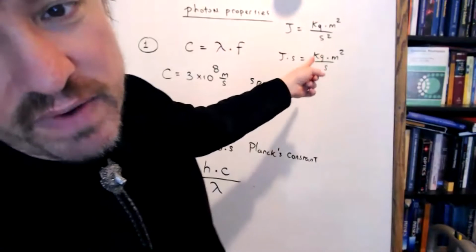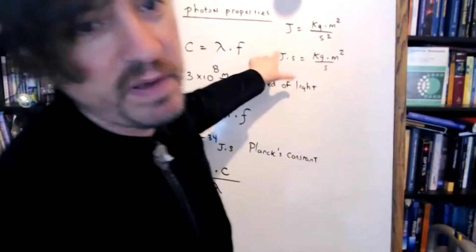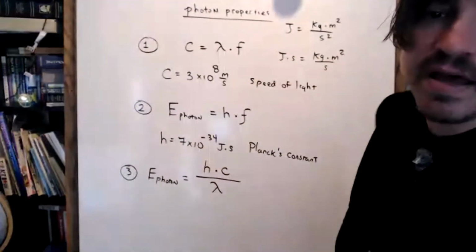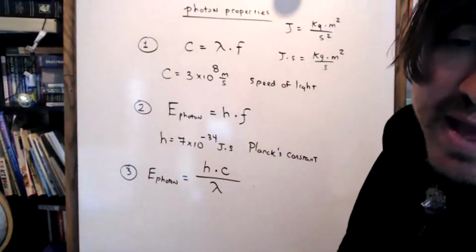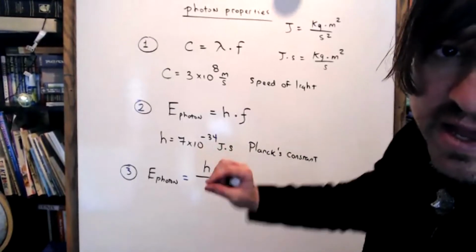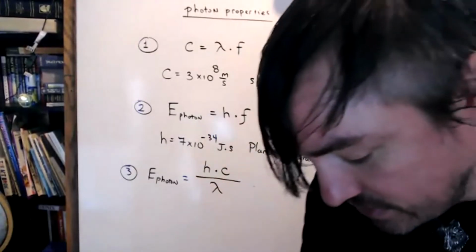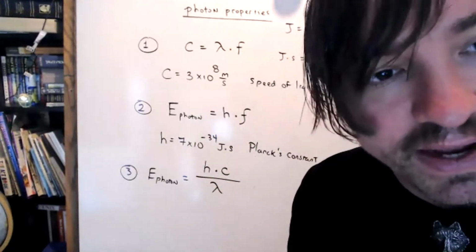Now, I ask you, would you rather write kilogram meter squared per second, or would you rather write joules times second? Most people would rather write joules times seconds. Either way you cut it, it's kind of a mess. And that's because Planck's constant is kind of a crazy thing. It's a quantum increment of spin, but I can't tell you about that because that's over your pay grade, okay?